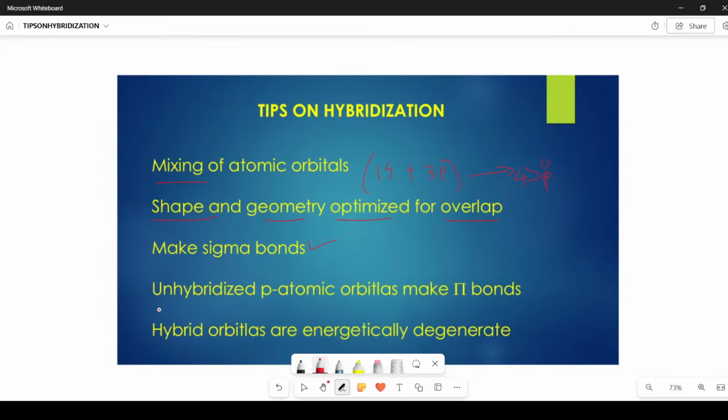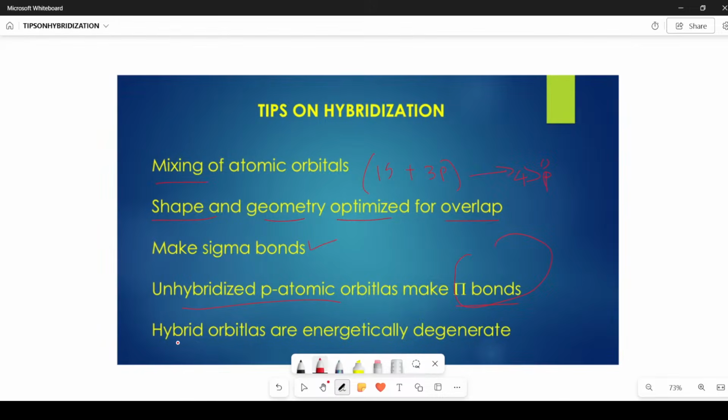In hybridization, there are sometimes unhybridized p atomic orbitals, which always make the pi bond. So a pi bond is always made of the unhybridized, leftover p atomic orbital.